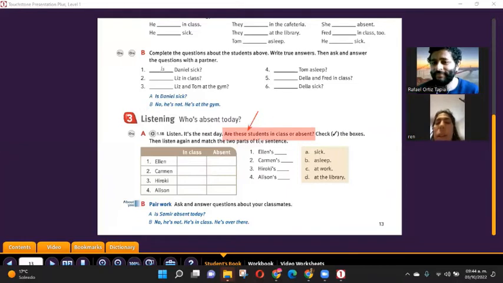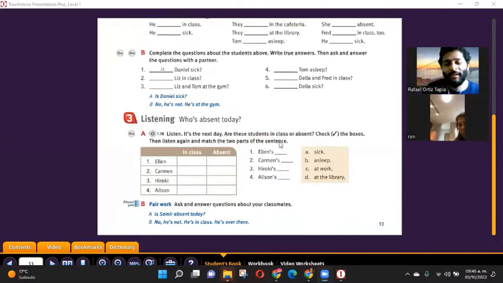Are these students? Y tampoco dices students, but these students. Perfect. Okay, did you understand the instruction?